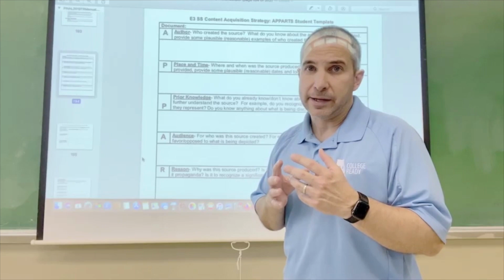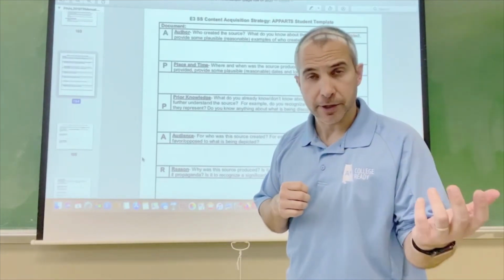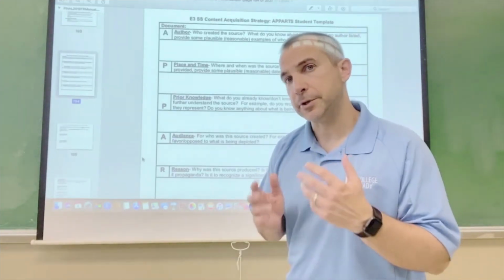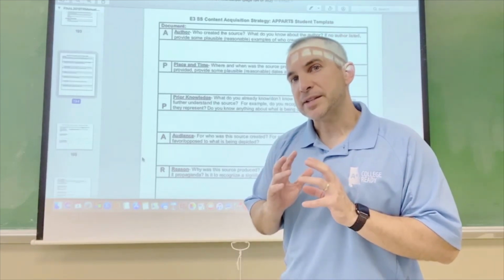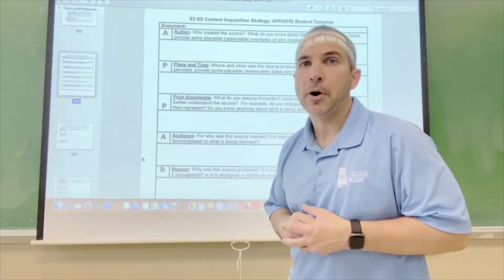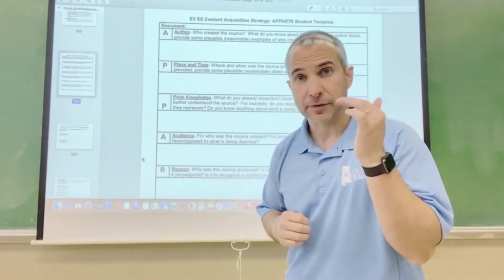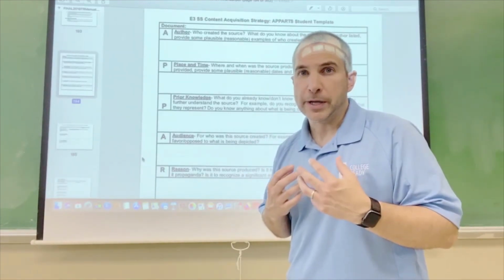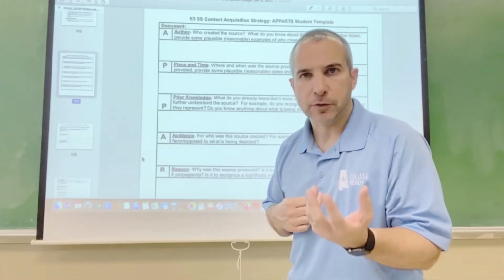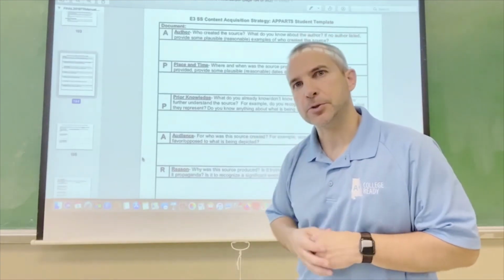You may decide, especially early on in the year as you first introduce A Picture's Worth 1,000 Words, to go ahead and introduce this AP Parts template as they do this strategy for the first time. That way, they know the types of questions to ask as they approach a source.